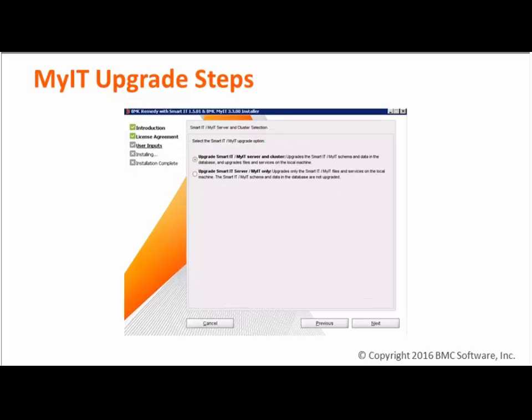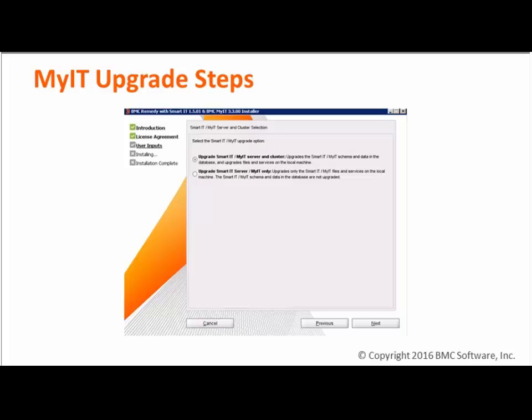Again, similar to the installation where you choose between a new cluster or an existing cluster, this will ask you to upgrade the MyIT server and the cluster. When you select this option, it's going to upgrade your footprint plus your database as well, the MyIT database. If you select the second option, it is only going to upgrade the footprint on the MyIT application server.